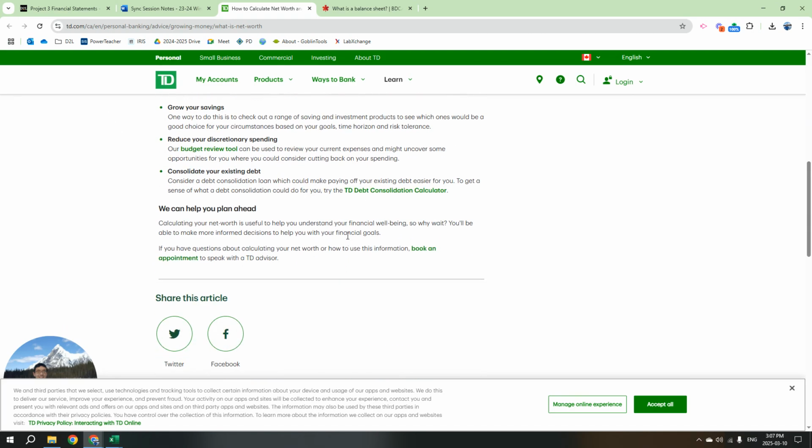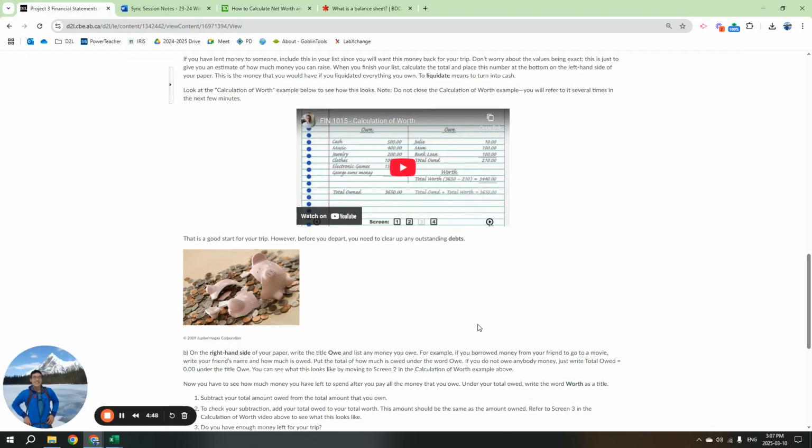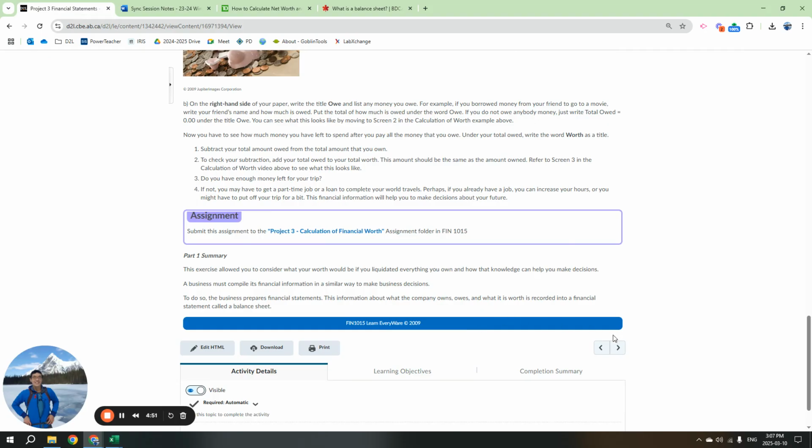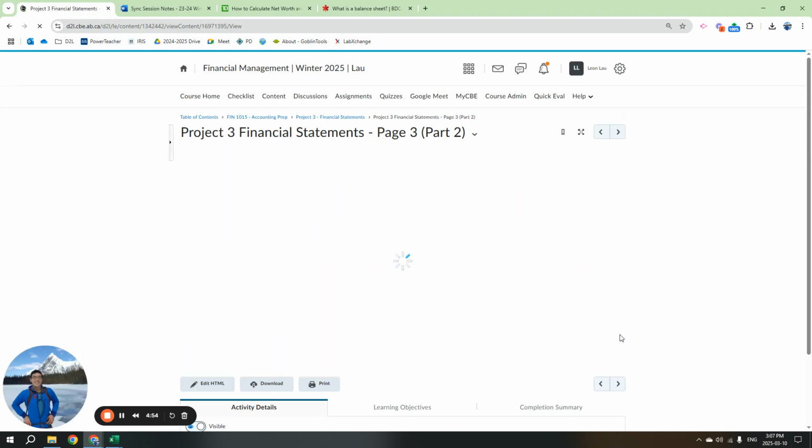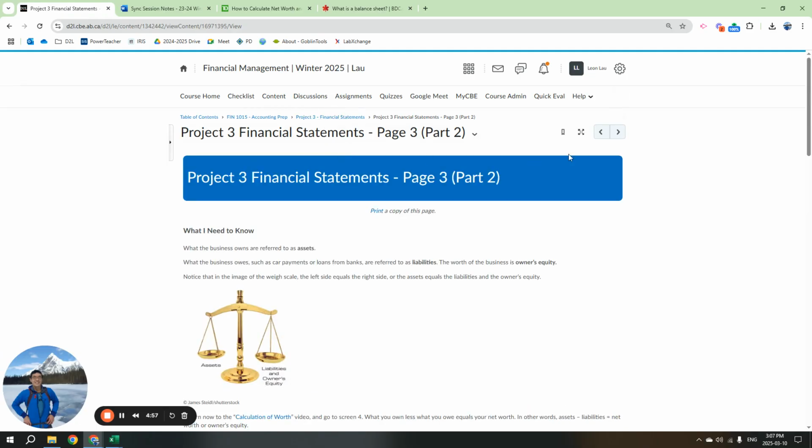Okay, so net worth is the same as equity in terms of accounting for businesses. All right, so that's pretty much all of project 3, calculating your net worth.